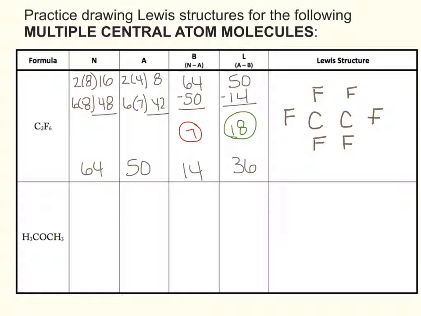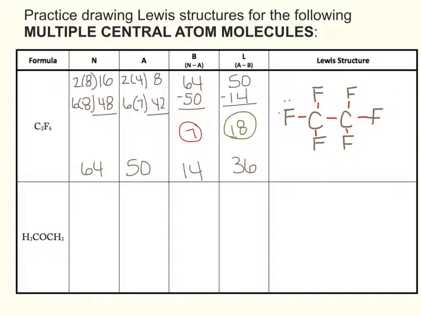We have a total of 7 bonds. 1, 2, 3, 4, 5, 6, 7. And we're going to use up 18 lone pairs. So we're going to look at the fluorines, and we see that they have 2 electrons present in the bond. So each fluorine needs 3 lone pairs.